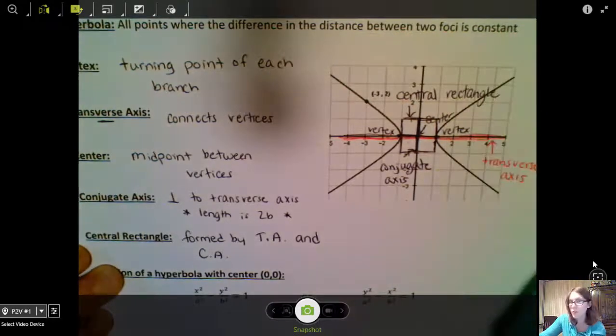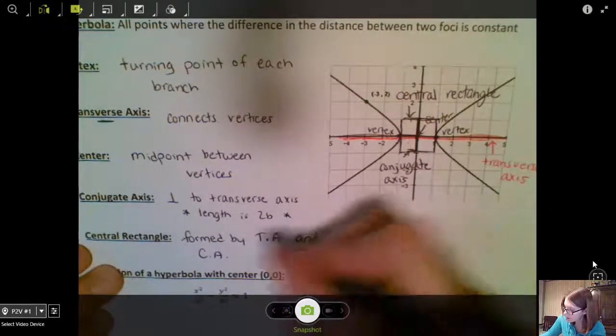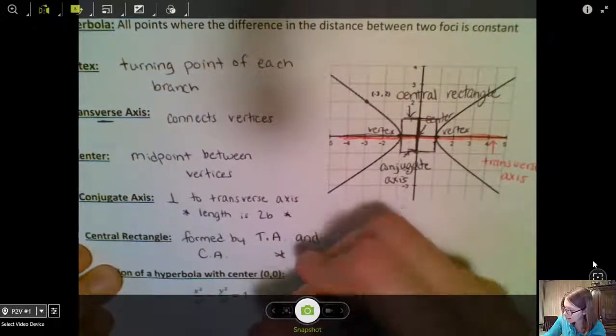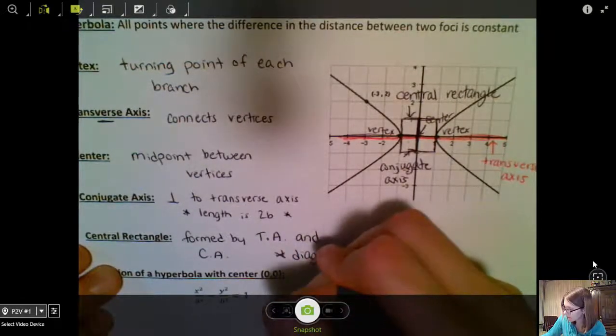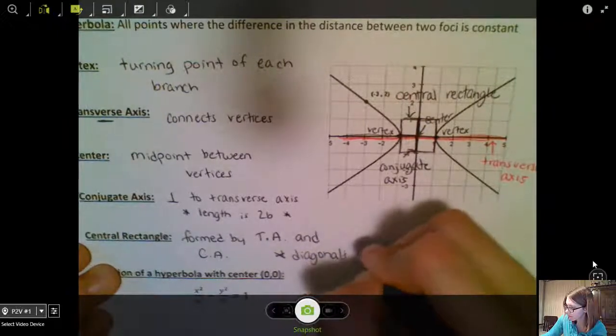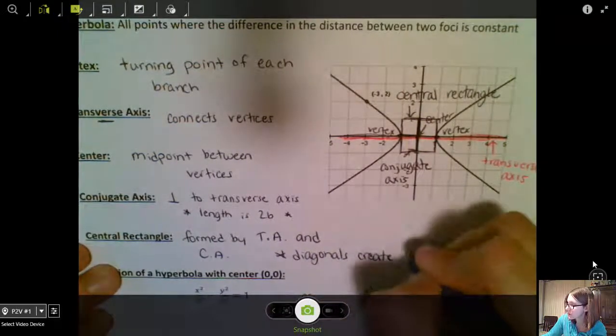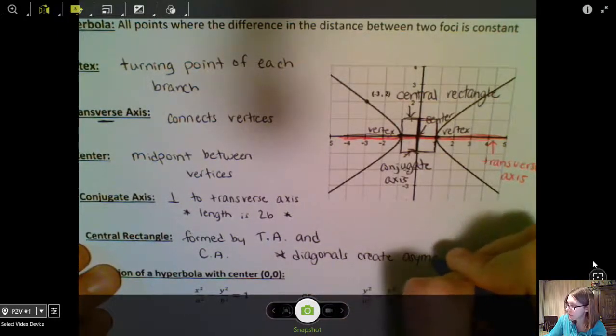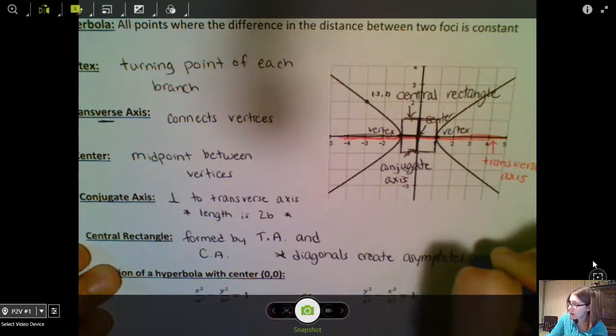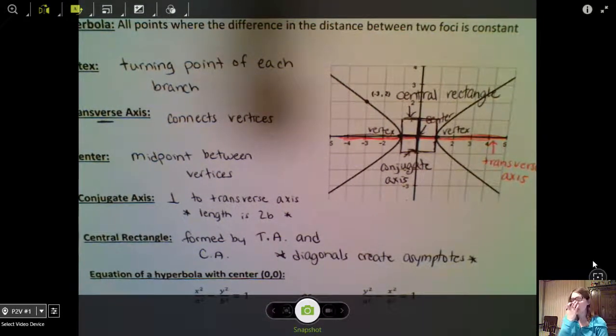The point of that central rectangle is that the diagonals create the asymptotes. Way back when we did our investigation originally with our conic sections, I mentioned that hyperbolas kind of look like two sides of a parabola, but really they're pretty different because they have asymptotes where parabolas don't.